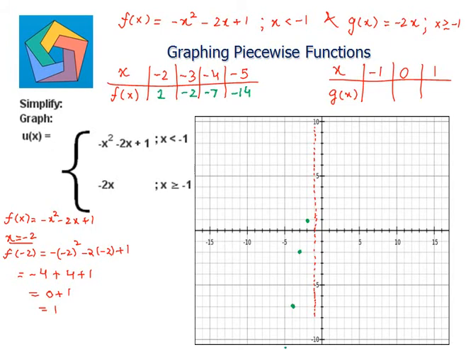And let me see what value it will equal if x was negative 1. f of negative 1 is minus of negative 1 squared, minus 2 times negative 1, plus 1. Minus 1 plus 2 plus 1, that's 2.